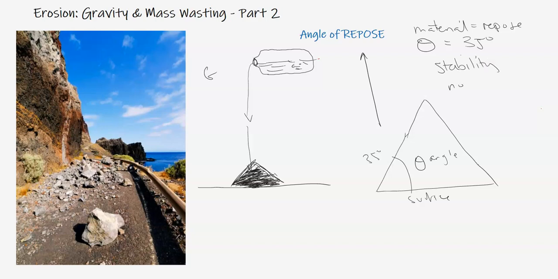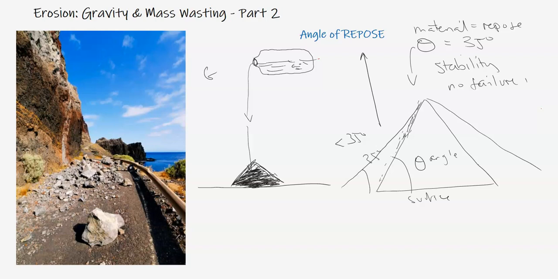There will be no failure. And as long as that maintains 35 degrees, you pour more sand, it will accumulate here and keep the same angle. Now, if you pour more, and it gets a bit wider, and the angle gets less than 35, obviously it's incredibly more stable.